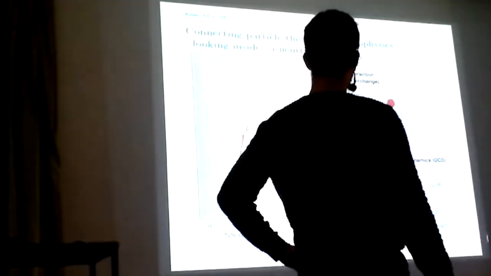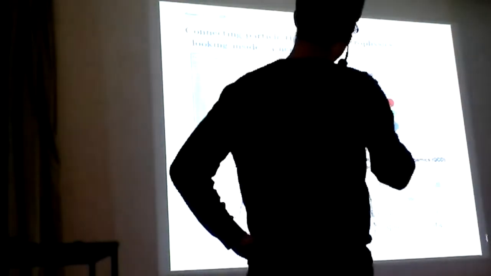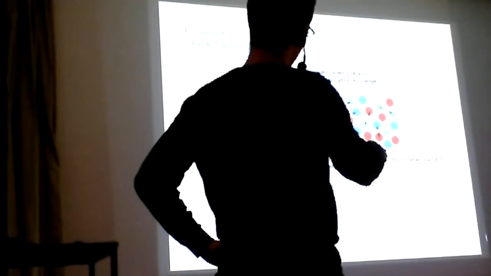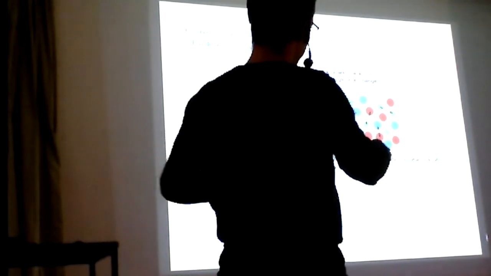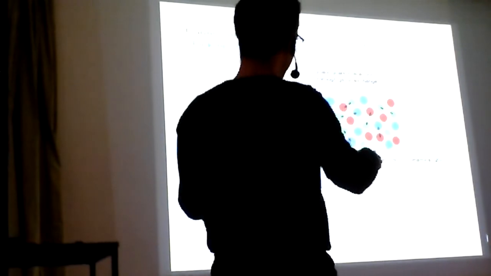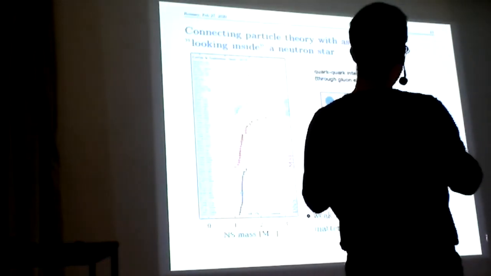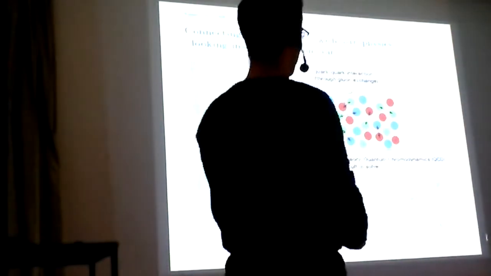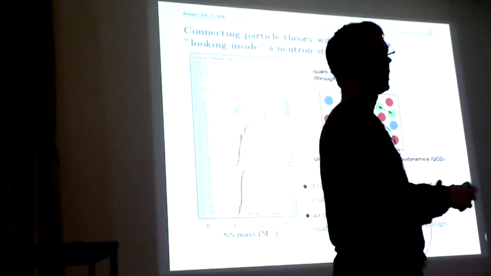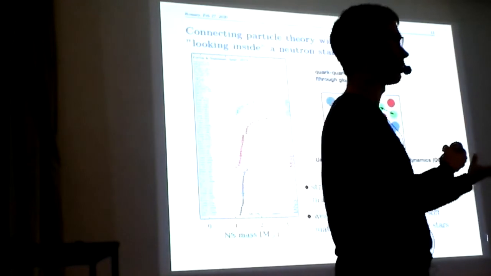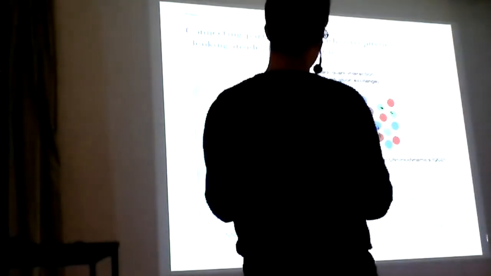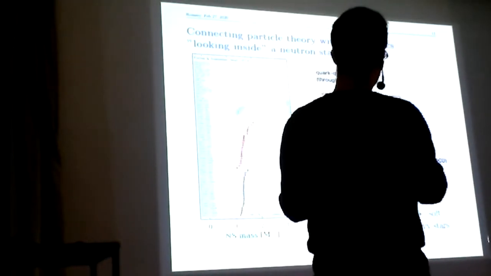So we don't quite know where within this error bar the mass really lies. But the point I want to make here is that the fundamental interaction, which is governed by quantum chromodynamics, QCD, leads to a certain mass of a star. So suppose you could solve this, then I could make a prediction for how heavy stars can be. The logic is roughly like this. Suppose this is a very repulsive interaction, right?